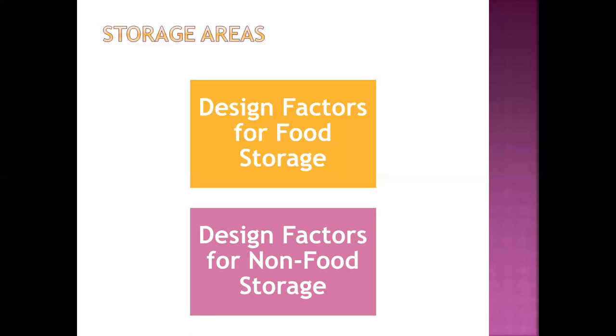Cleaning supplies must be stored separately from food to avoid accidental food contamination, and the storage area for cleaning supplies must be large enough to contain cases of detergents and cleaning agents. So this is for our storage areas. Basically, these are the design factors that we need to consider for food storage and non-food storage.